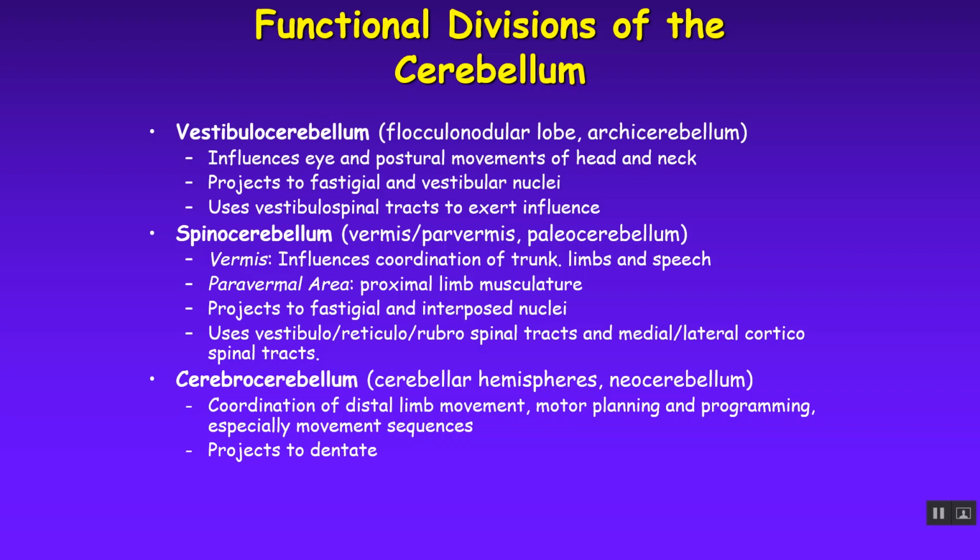They're not actually in the cerebellum, but Purkinje cells project directly to some of your vestibular nuclei. Then the vestibular nuclei and the fastigial nuclei project to the vestibulospinal tracts to exert their influence for helping coordination of those muscles.